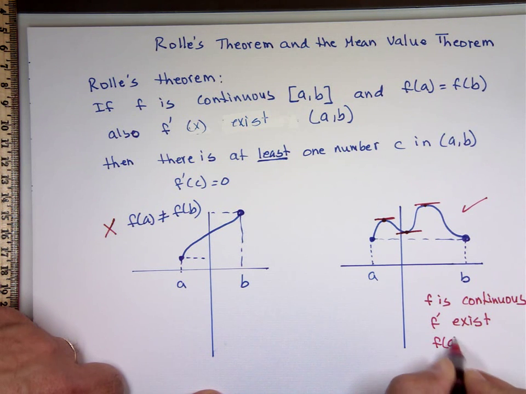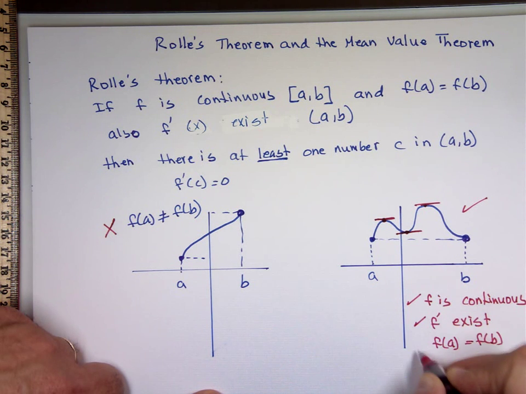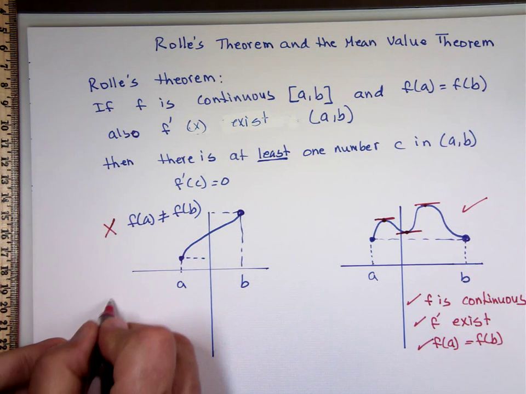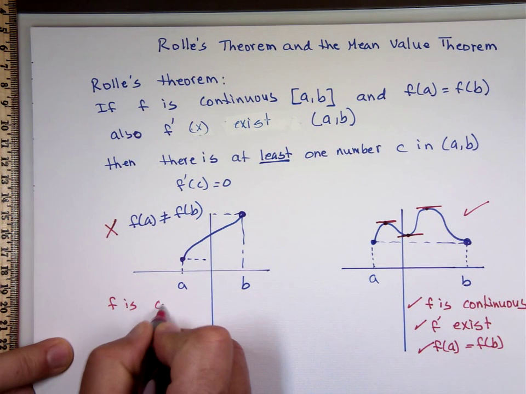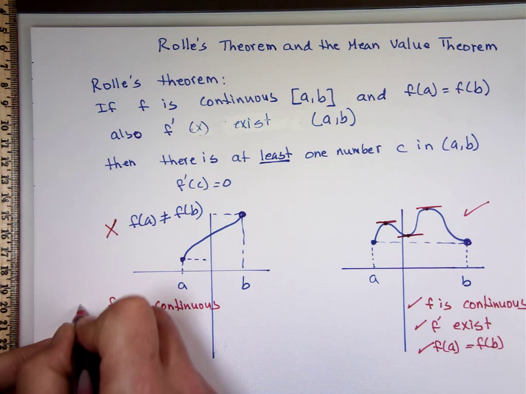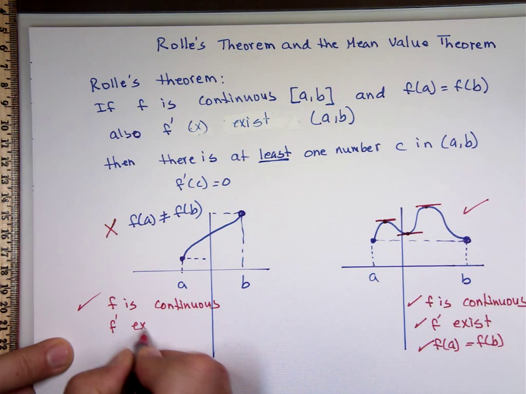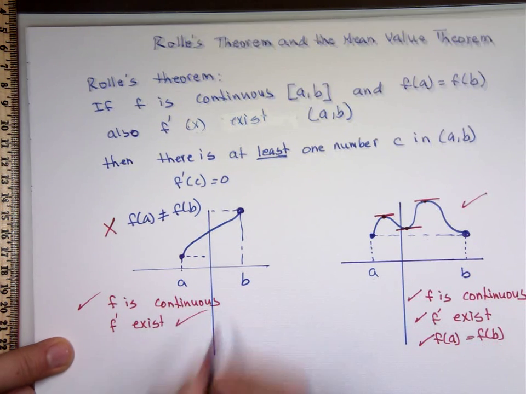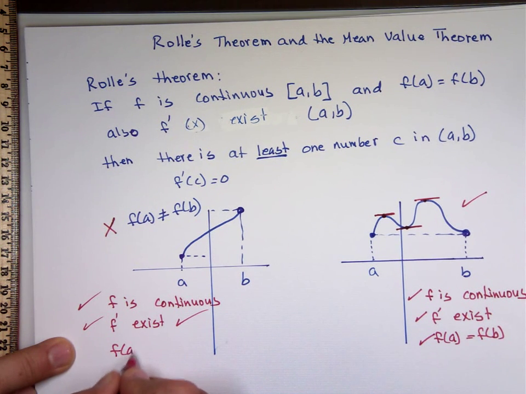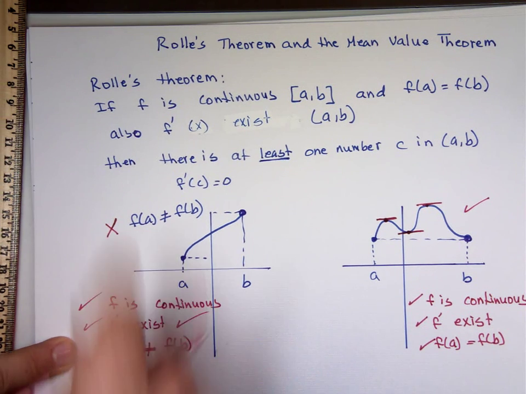F of A has to equal F of B. If I can satisfy all 3 conditions, I can apply Rolle's theorem. Here, F is continuous. The first condition is good. F prime exists. That's good. But the condition that failed here, F of A does not equal F of B. Therefore, I can't use that theorem.